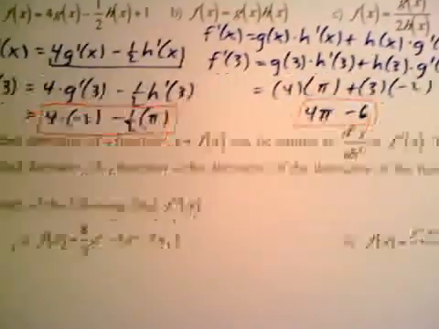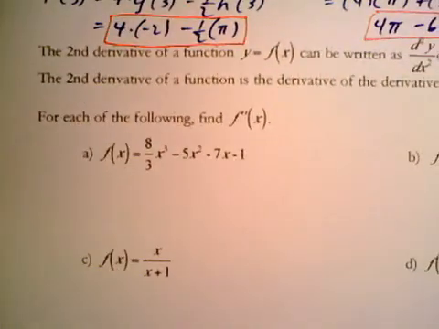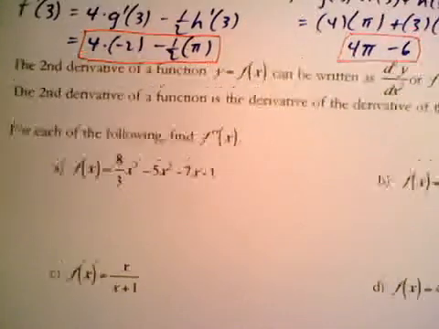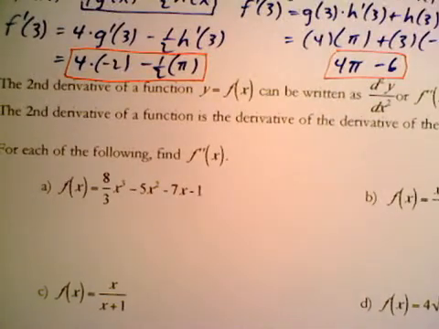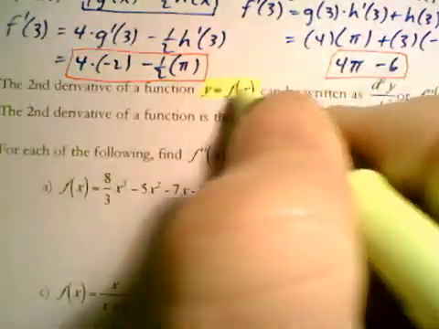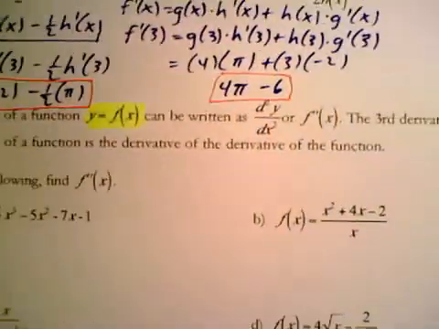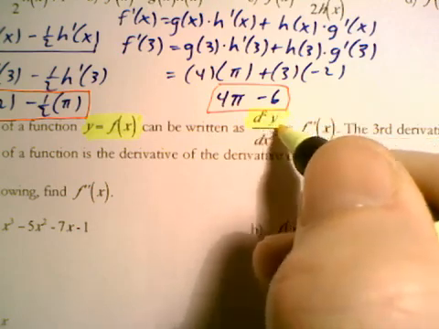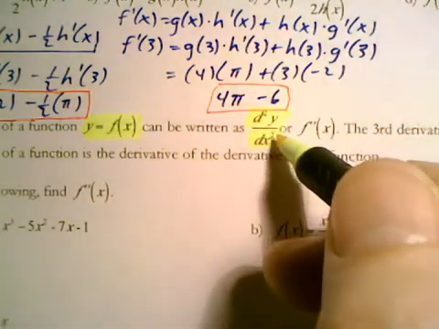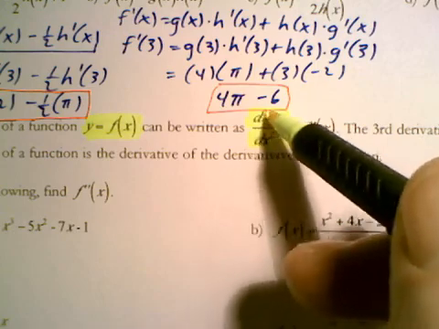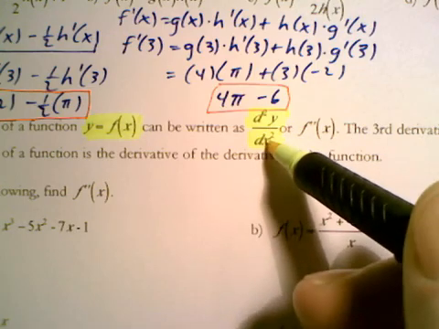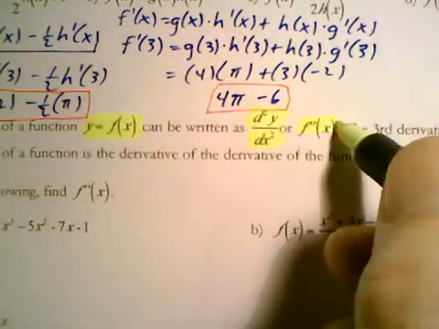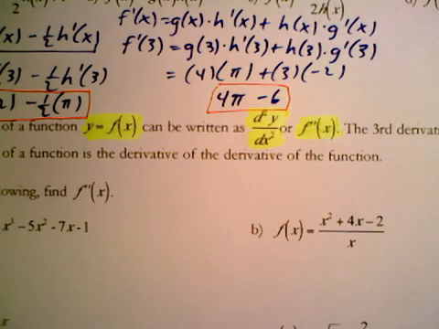That's kind of cool. So this last section of this worksheet is telling us first of all that the second derivative of a function, if we call the function y equals f of x, can be written like this: d squared y over dx squared. The way you say this is the second derivative of y with respect to x, or f double prime of x.